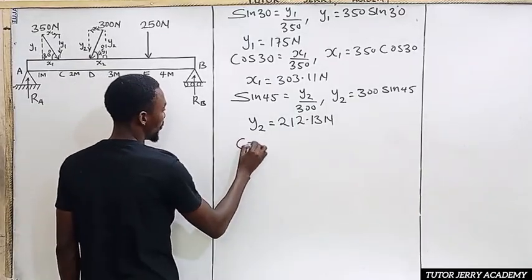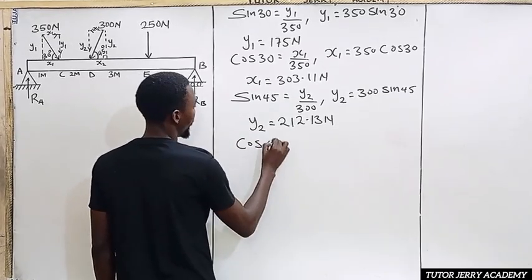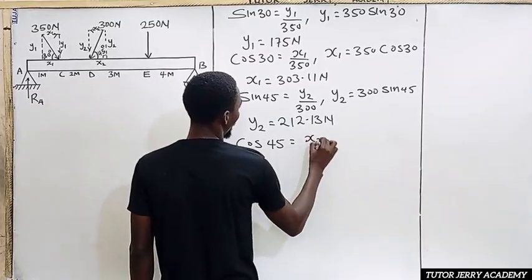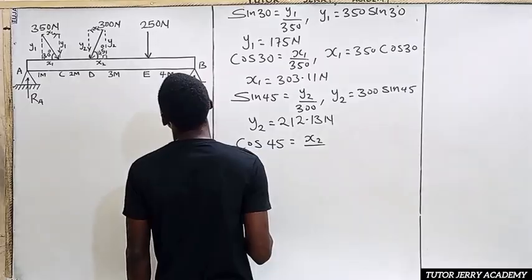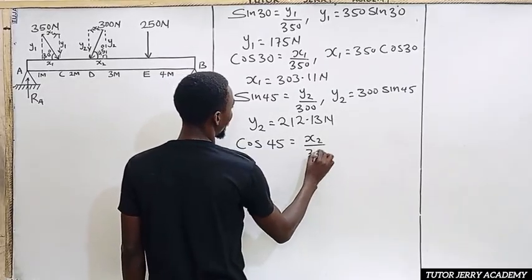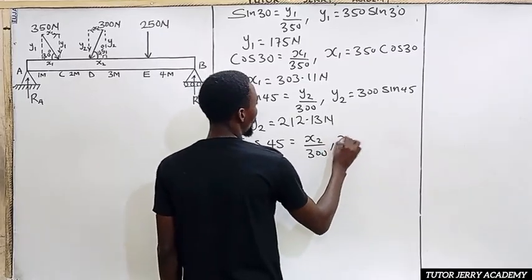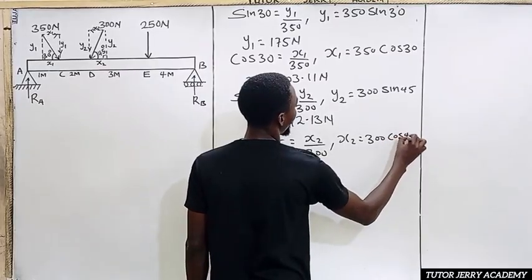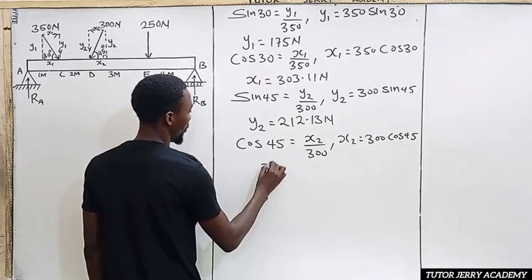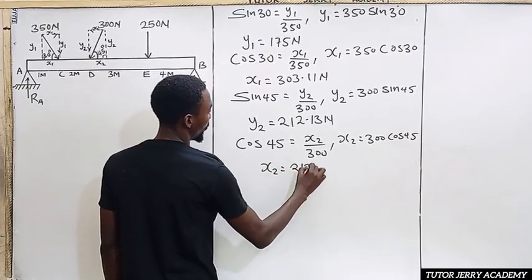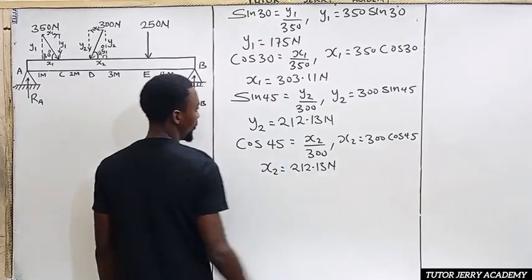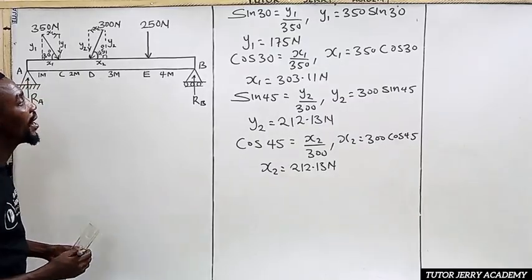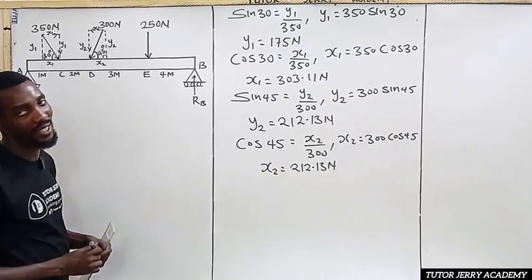So we are going to have cos 45 equals adjacent, which is S2, all over hypotenuse, which is 300. So our S2 will be equals to 300 cos 45. So S2 will be equals to 212.13 Newton. So that's what we have. So we have our horizontal forces and then we have our vertical forces.